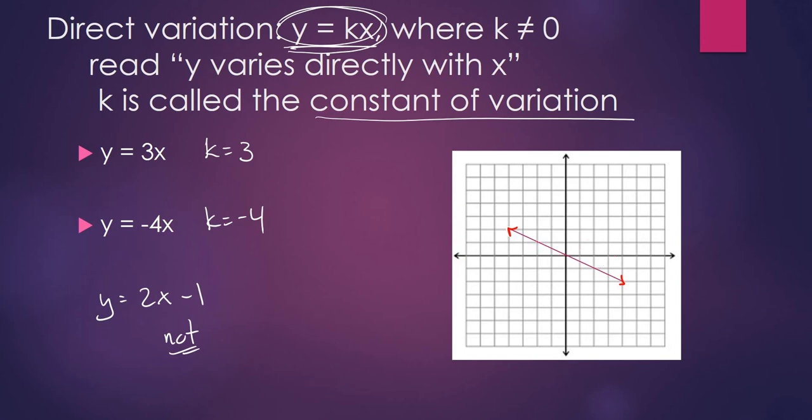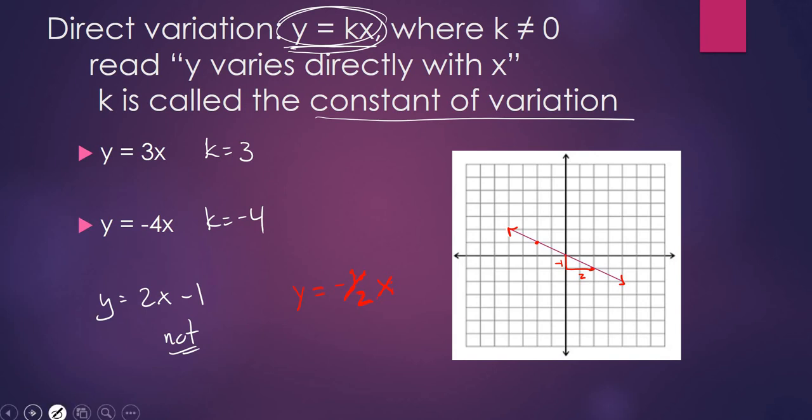If I look at this equation and I count the slope, which is down 1 and to the right 2, I can say that this is y equals -1/2 x. My constant of variation here is -1/2. It's very similar to a slope. We just have a special name for it when we look at direct variation.